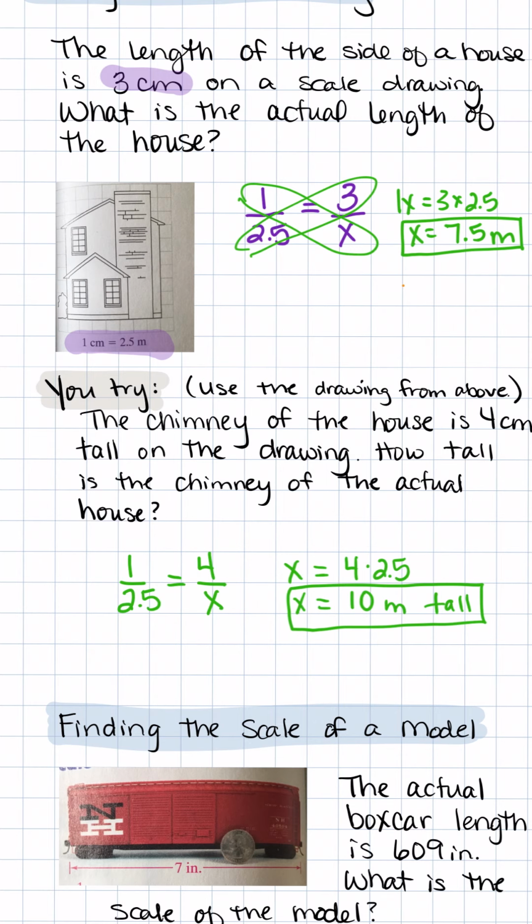You should have got that the chimney was 10 meters tall. You use those same ratios, 1 and 2.5. Cross multiply. 1 times x is really just x. X equals 10 meters tall.